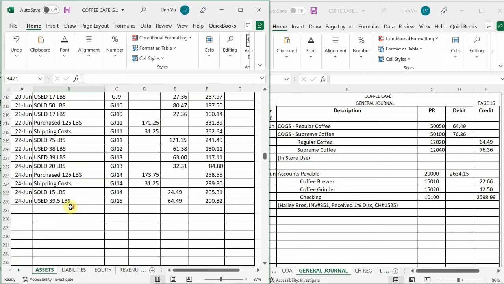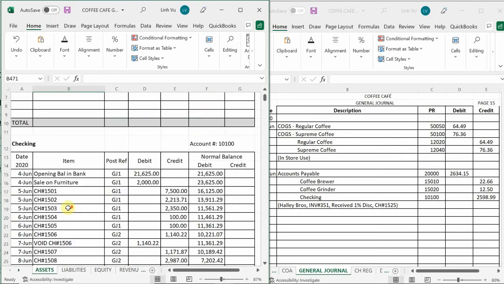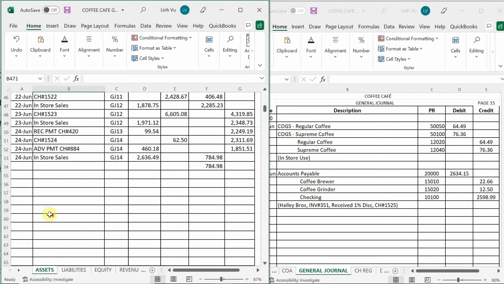And last but not least, I wrote a check out once again. Okay. Check number 1525 for a total of $2,598.99, which once again puts me into the negative for $1,814.01.